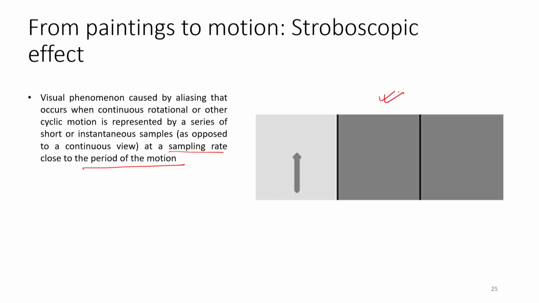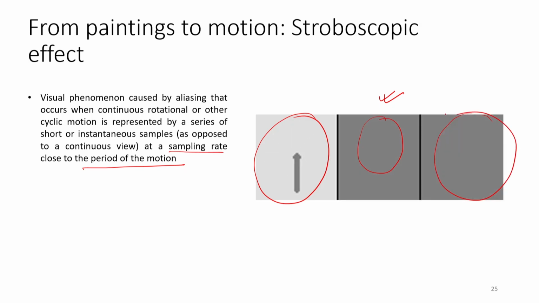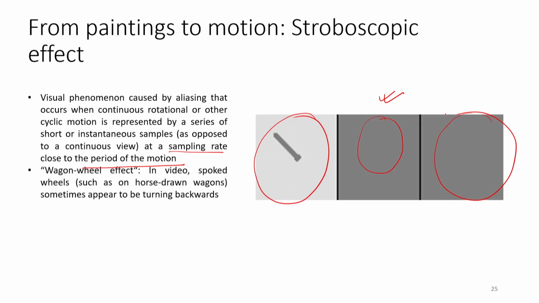This clock is seemingly moving continuously. Here you can see the clock appearing and disappearing, and here you can see it is rotating. You can see here that the arrow is rotating in a counterclockwise manner. So, this is also known as the wagon wheel effect.